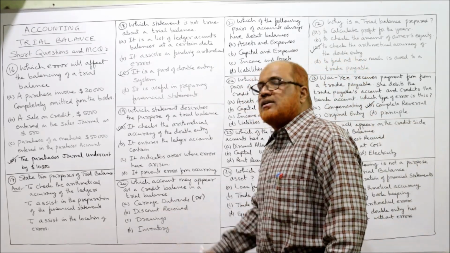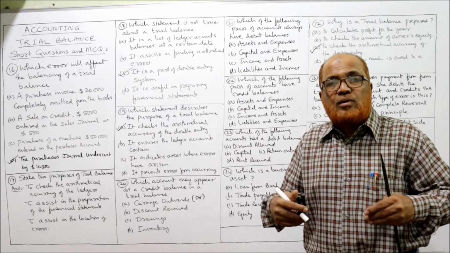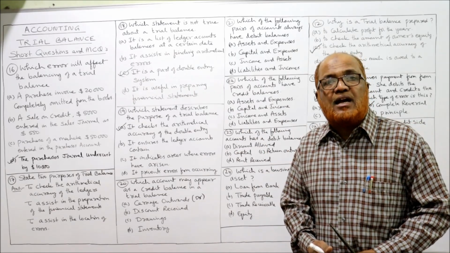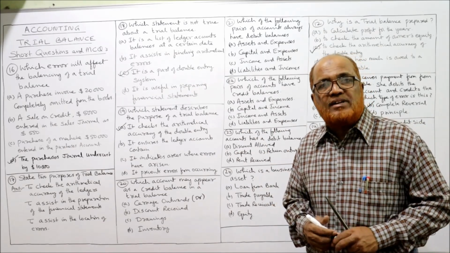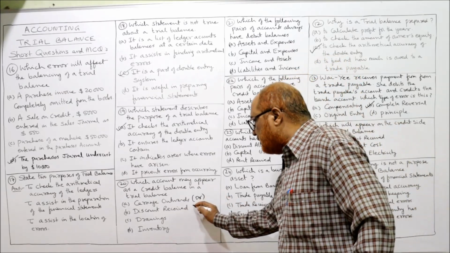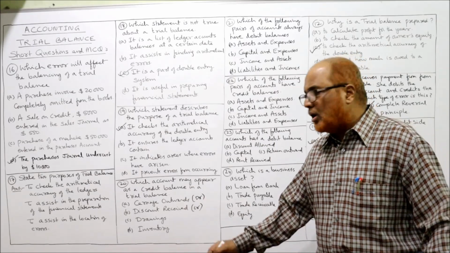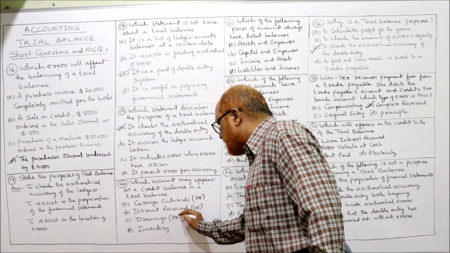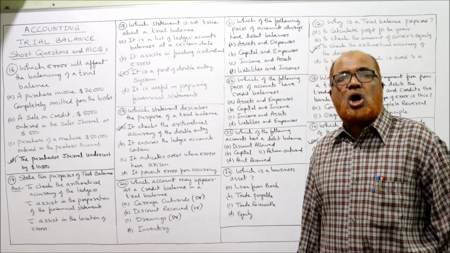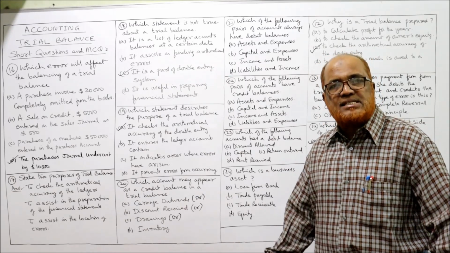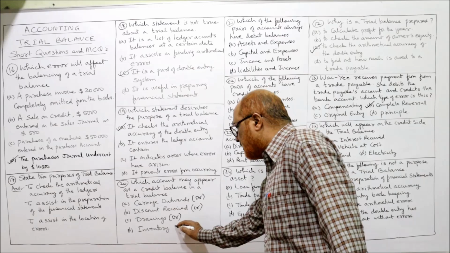Now discount received. Discount received is an income. It will show credit balance. Then drawings. Drawings always will show debit balance. And inventory, stock. The inventory is an asset. It will show debit balance.